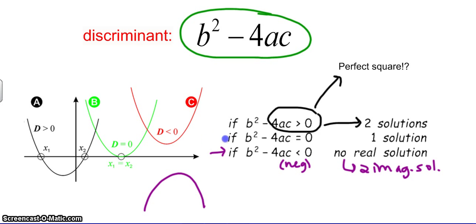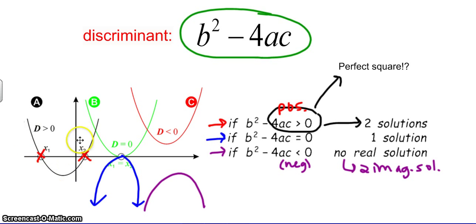If b squared minus 4ac is exactly equal to 0, that means there's one solution, because your parabola either sits on the x-axis, opening up, or it might touch the x-axis, all existing below. So you'll have exactly one solution. And then this last one, if b squared minus 4ac is greater than 0, so positive, your parabola is going to intersect with the x-axis twice.